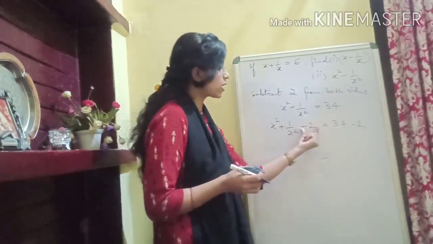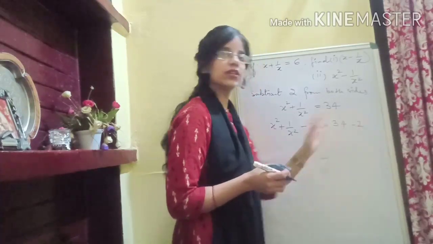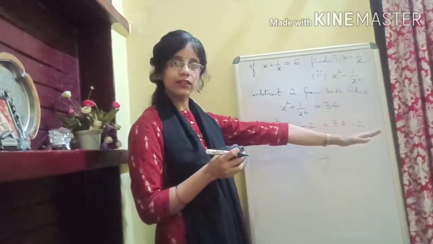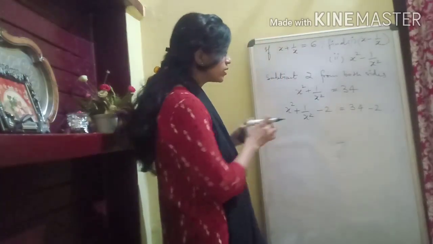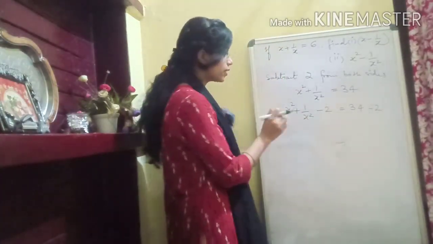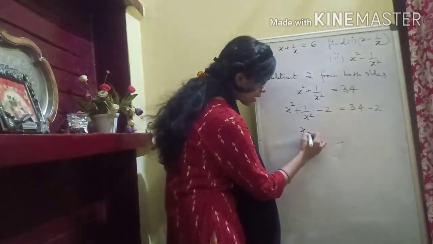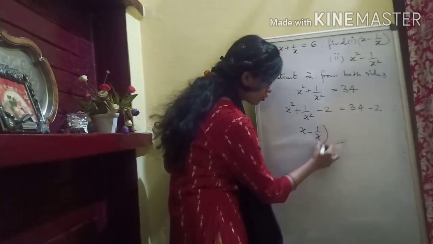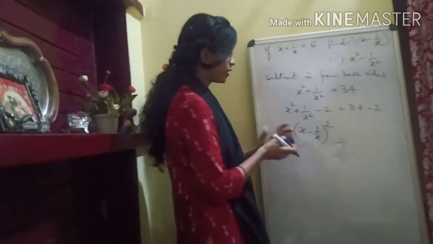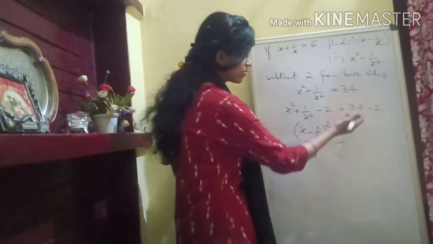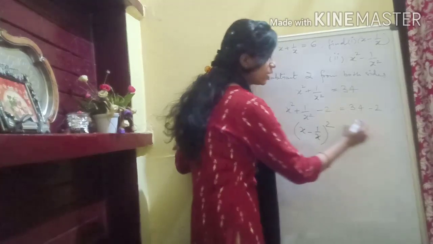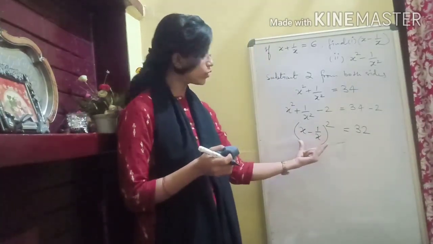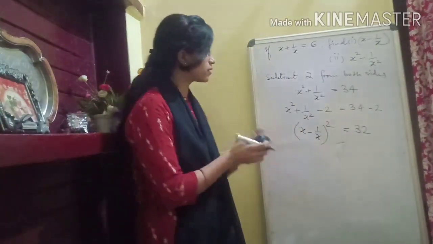We are actually subtracting this 2 from the left hand side and from the right hand side. Okay, now we have subtracted. Now you see, this left hand side is nothing but x minus 1 upon x whole square. I will let you know how we are writing this, and the right hand side is 34 minus 2, which will be simply 32.